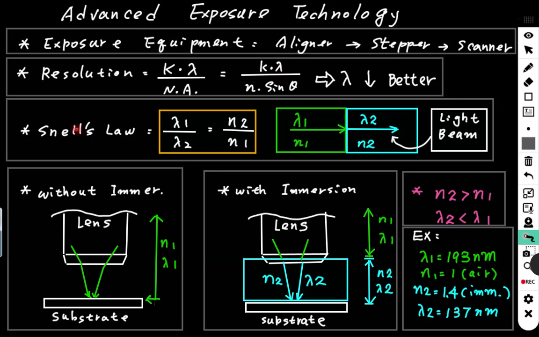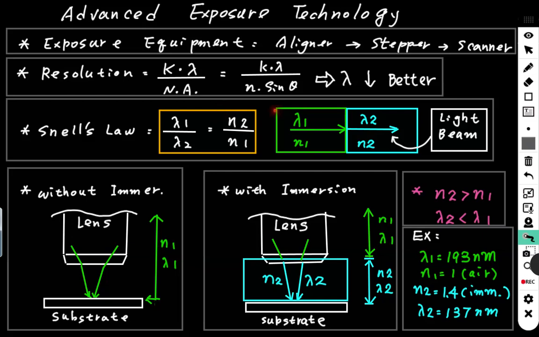Now according to Snell's law, this equation: this is material 1 and material 2, and lambda 1, lambda 2. We talked about it before also.